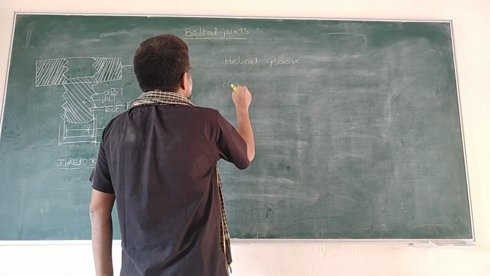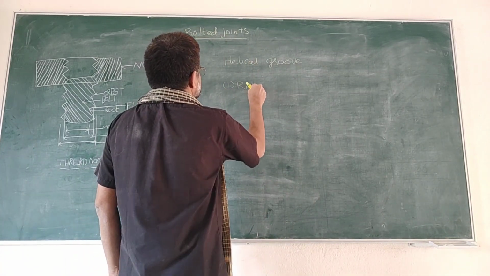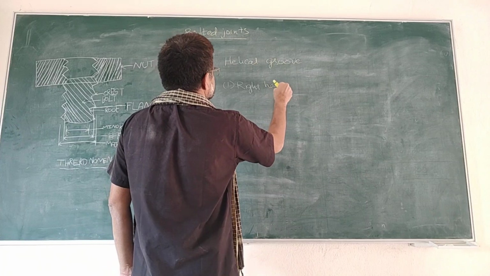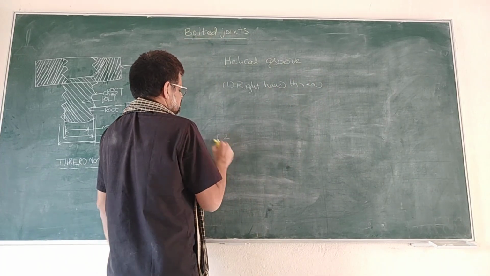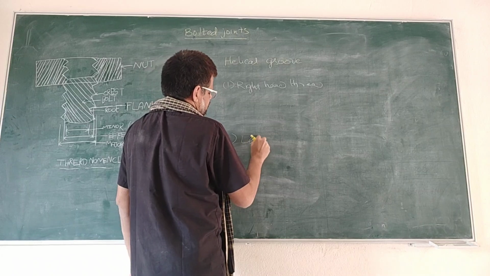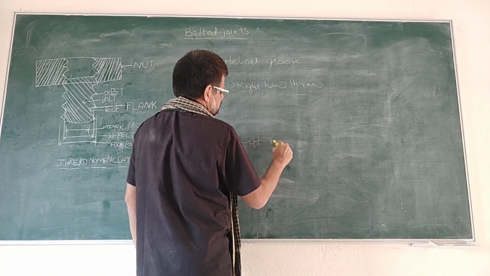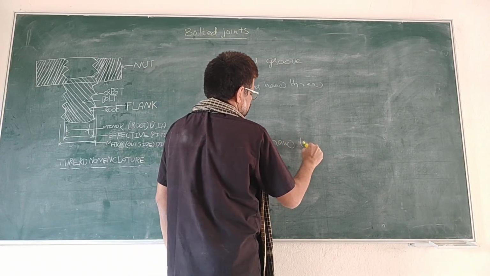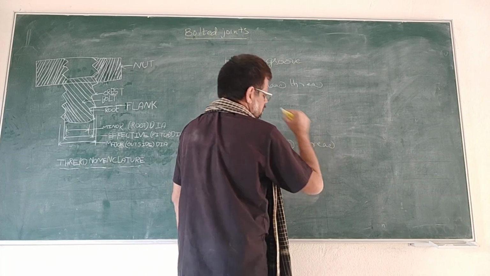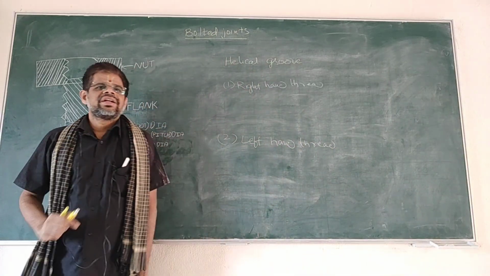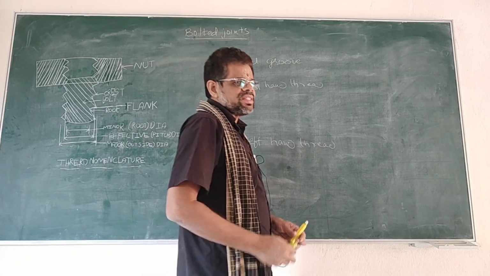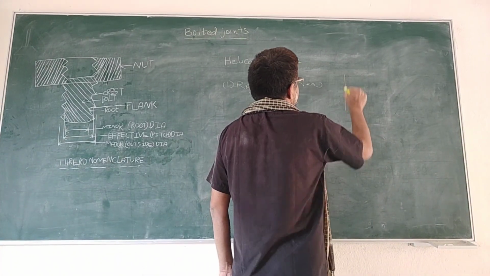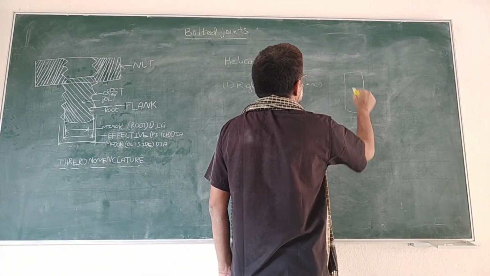The first one is right hand thread, and left hand thread. Right hand thread and left hand thread. So right hand thread means if you see from the front, the thread will be like this.